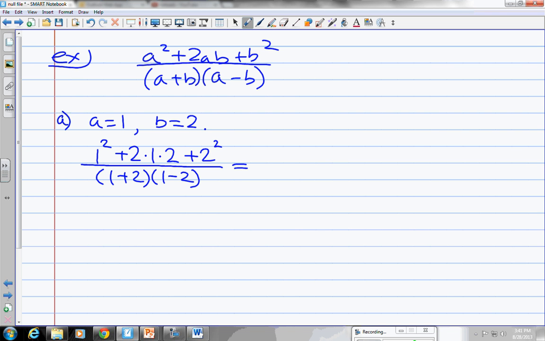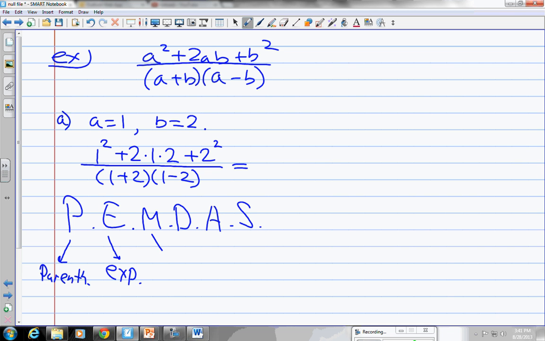Yes, I'm just trying to remember the order of operations. Oh, what is the order of operations? That's a good point. PEMDAS, right? What is P? Parentheses. And that's the one I never know how to spell. What is that one?